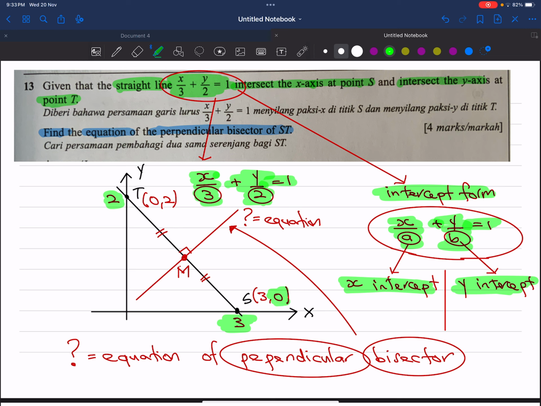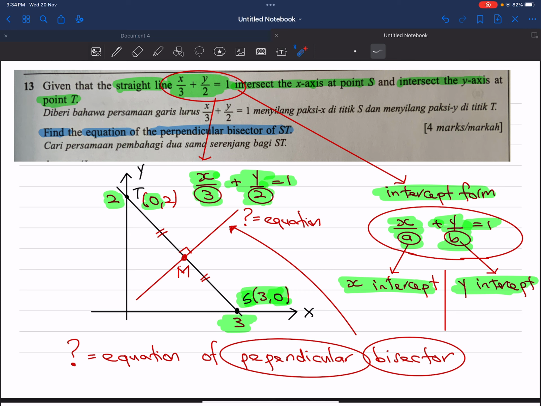So the coordinate is (3, 0). The point T is on the y-axis, the x-coordinate is 0. So now we have the point T coordinate (0, 2), the point S coordinate (3, 0). The 3 came from the x-intercept and the 2 came from the y-intercept.